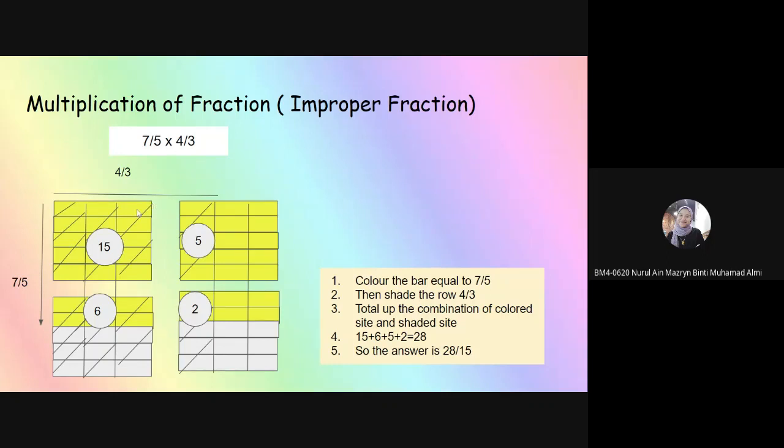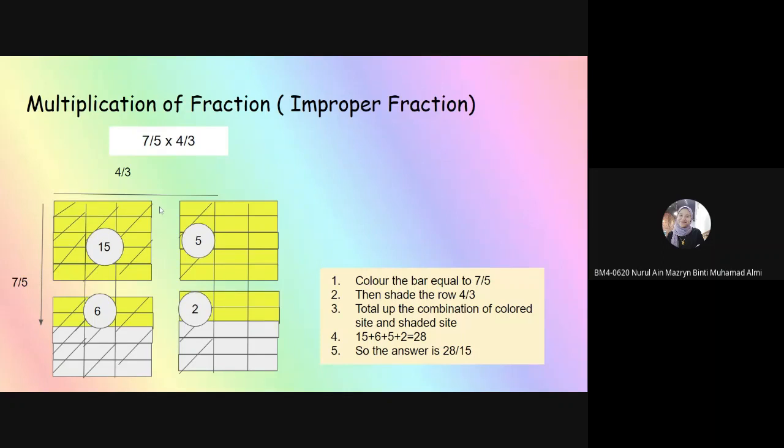So 1, 2, 3, 4, 5, 6, 7, and all of this is 7/5. And if you can see, this is also the same as 1 2/5.